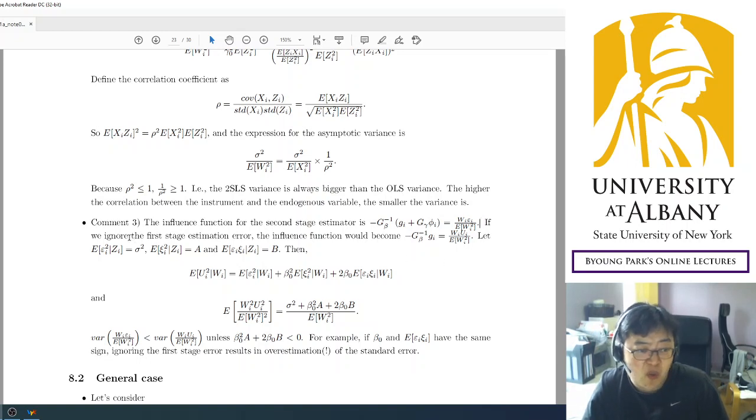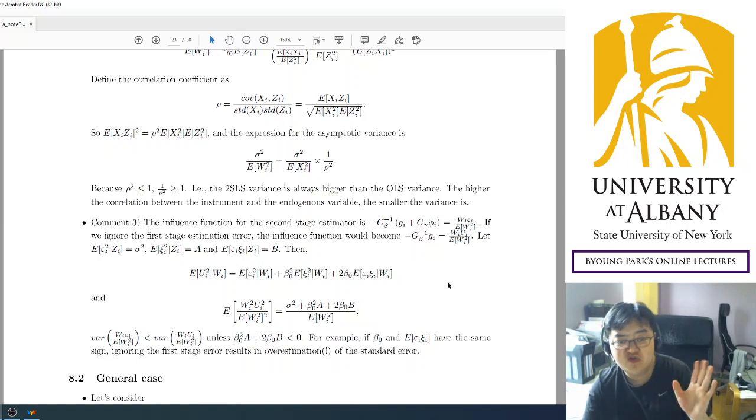But if you ignore the first stage estimation error, so if the first stage influence function is 0, there is no error in the first stage, then the influence function will be simply this. It has the same format, but epsilon is replaced by u.